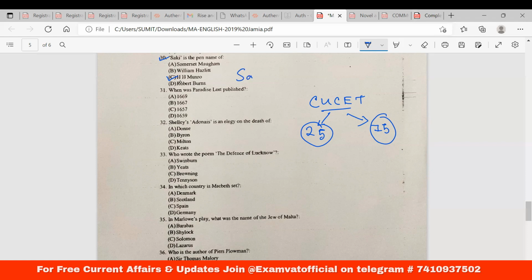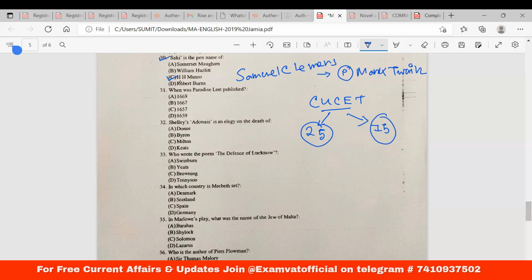So Samuel Clemens, pen name is Mark Twain. Then if I talk about, for instance, George Eliot. You all know George Eliot as an important writer, but George Eliot is a female author also.